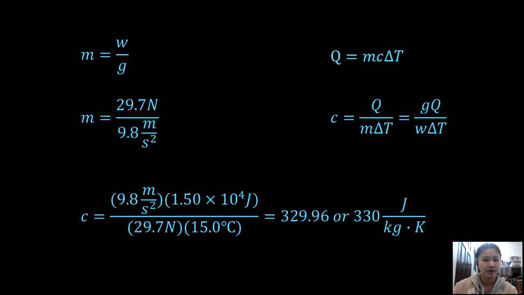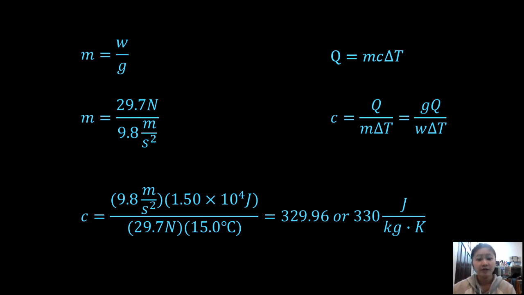So we would get the gravity, which is 9.8 meters per second squared, multiplied by the heat energy transferred, which is 1.50 times 10 raised to 4 joules, divided by the weight, which is given in the problem, again the value is 29.7 newtons, multiplied by the change in temperature, 15.0 degrees Celsius.